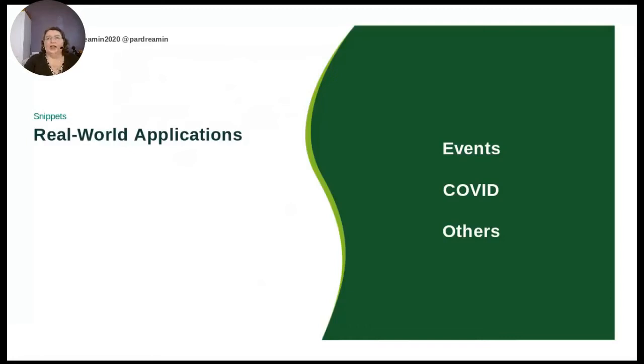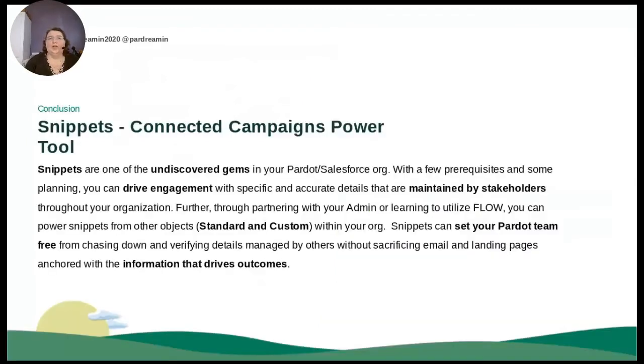There are many other applications. I think product is a really good example for e-commerce and whatnot. So as you're planning how you're going to use snippets, think about what's the life cycle of the information, where is it coming from, who can help keep it current.